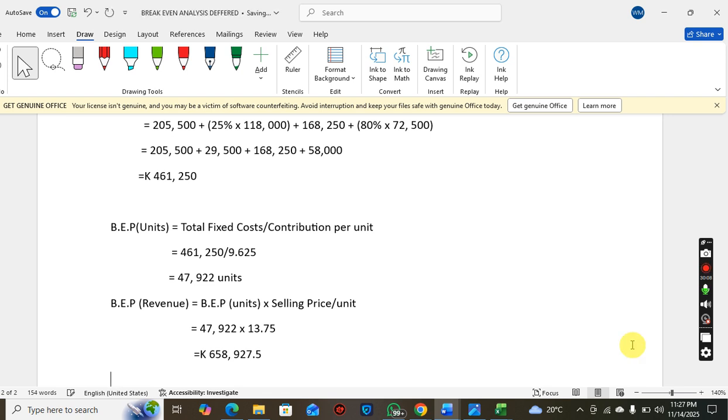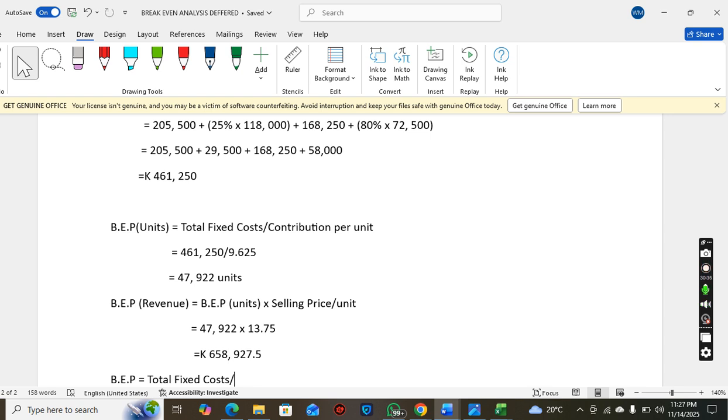Before I go to the other way, any questions? No. So with that amount of money, they can only cover their costs, including the salaries and everything, but they can't benefit from it.